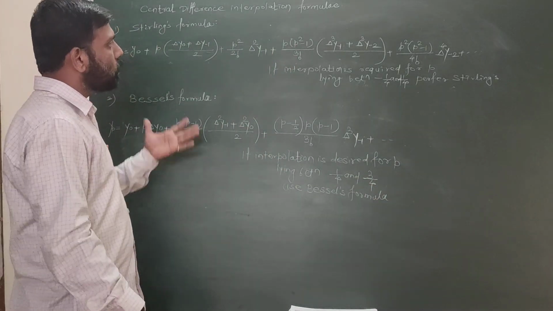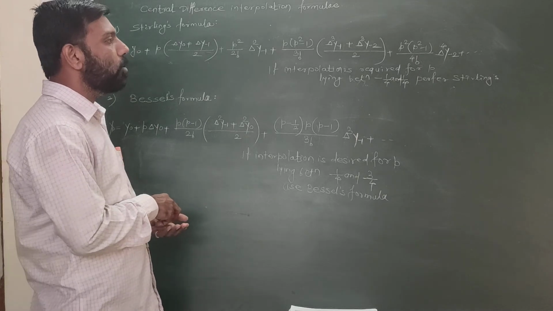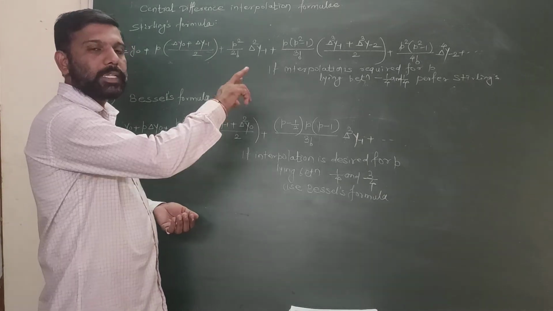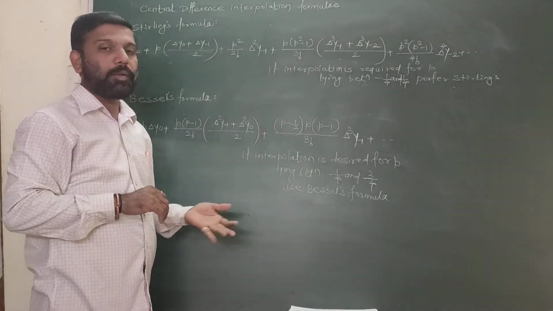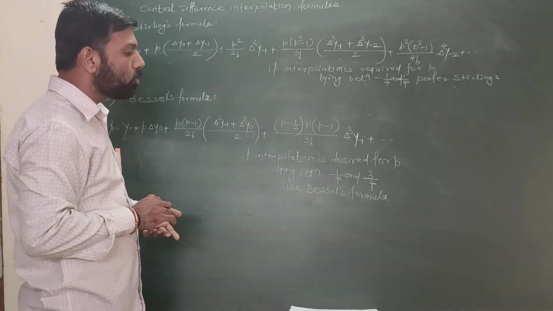So when to use the central formulas: we see the value of P. If it lies in the first interval, we prefer Stirling. If the value of P lies in this interval, then we'll use Bessel's formula.